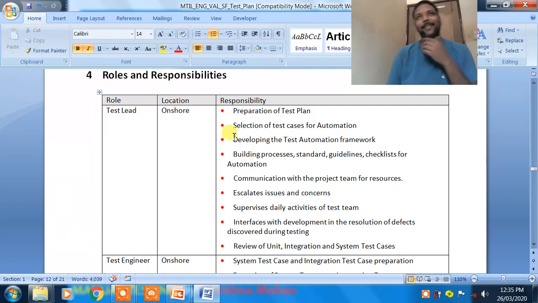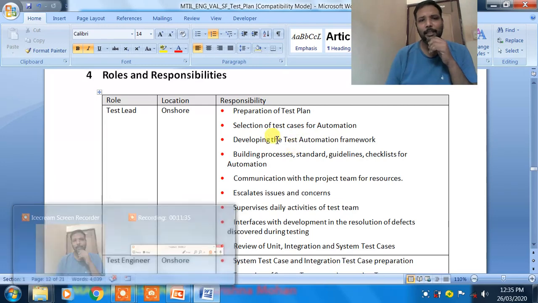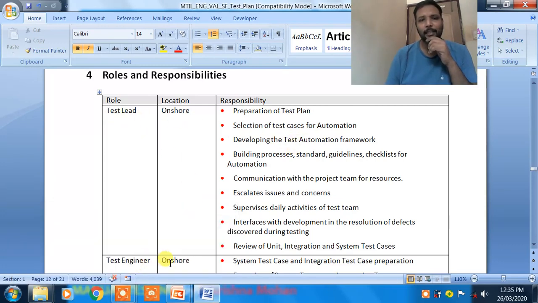Sometimes some companies do some tailoring of the processes. While taking the processes, they will not take them as they are; they will make some modifications. Why? Suppose there are very few test engineers, so the test lead has to do the work of the test engineer also.